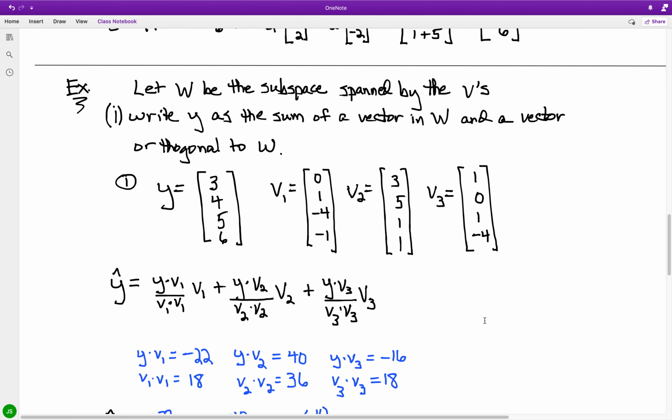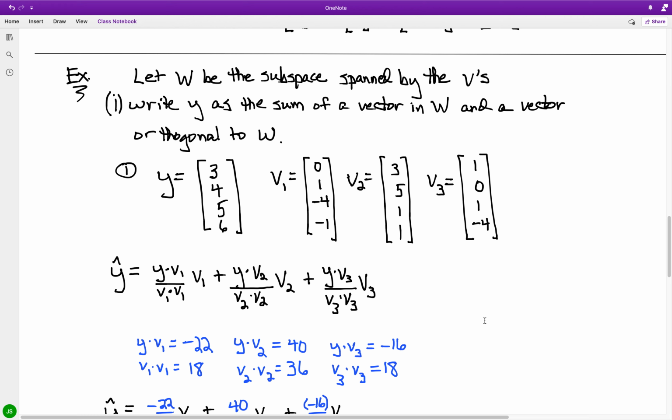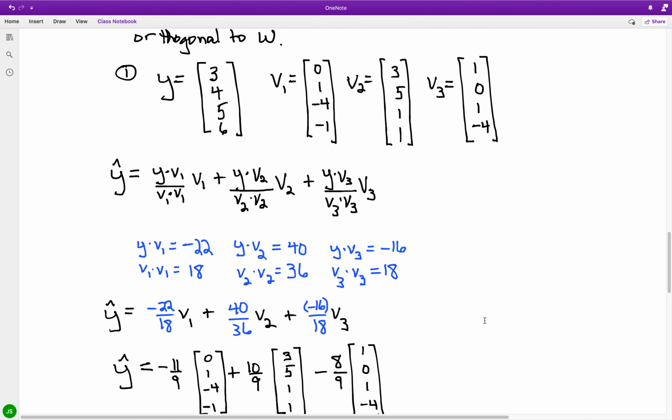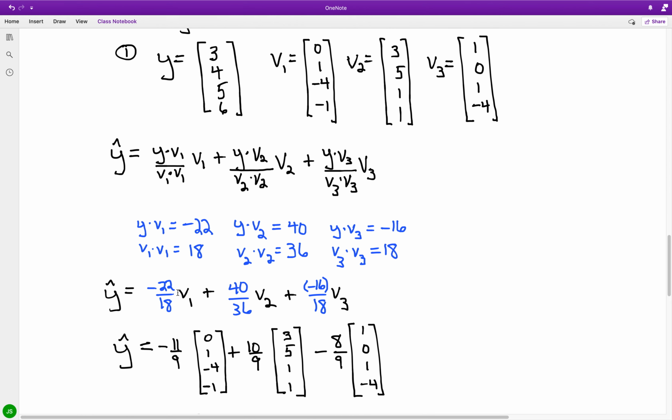Filling in for the projection of y, substituting and simplifying, negative 22 18ths reduces to negative 11 ninths, 40 over 36 is 10 ninths, negative 16 18ths is negative 8 ninths.